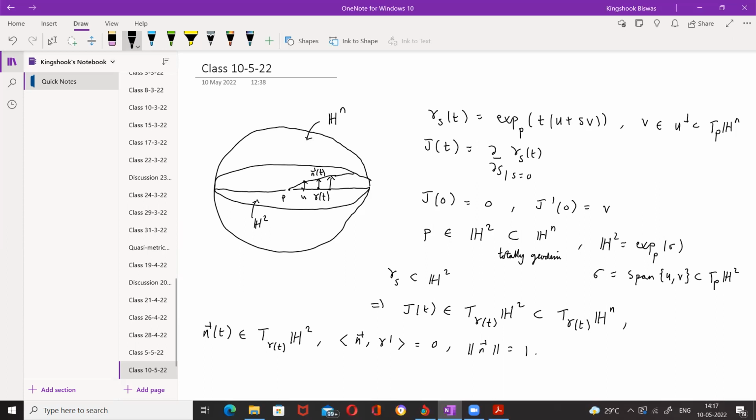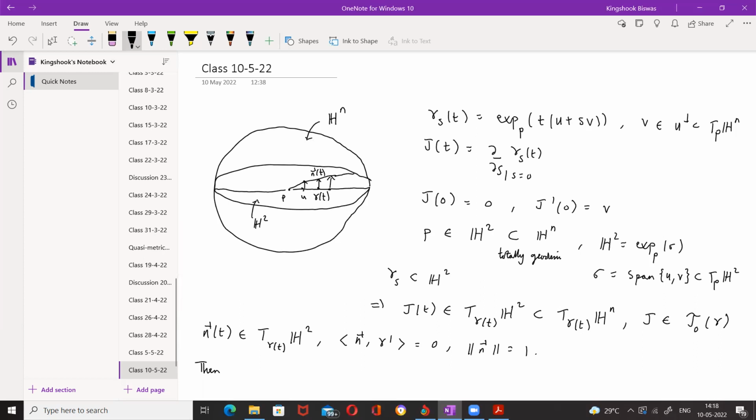So then my J, remember, J belongs to the space of perpendicular vector fields along gamma, right? J will be perpendicular to gamma prime at every point. Yes, that's right.